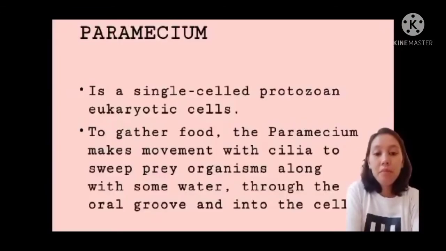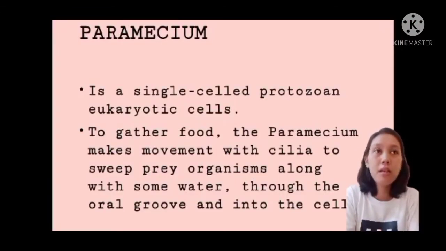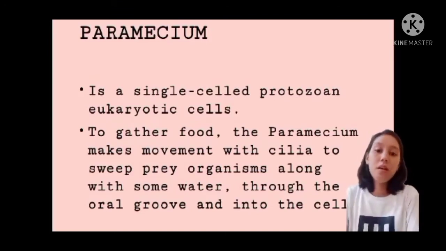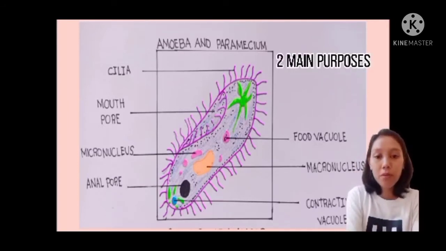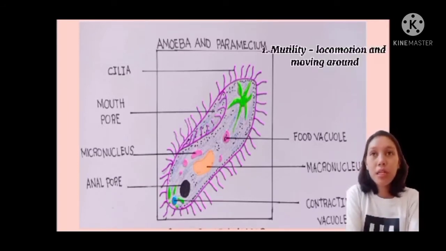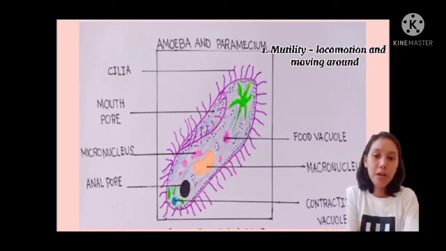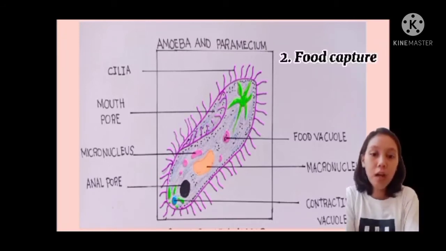Paramecium. Paramecium is a single-celled protozoan eukaryotic cell, and it is basically found swimming in streams in the environment. As we can see in the illustration, Paramecium is surrounded by cilia, and cilia have two main purposes. First is motility, locomotion or moving around, and the second one is food capture.